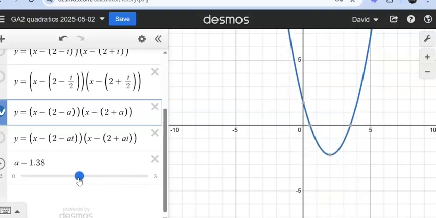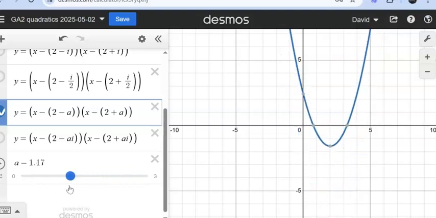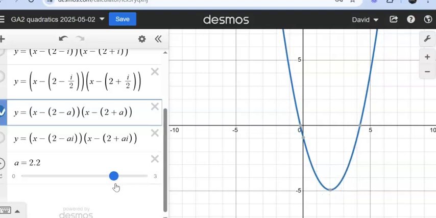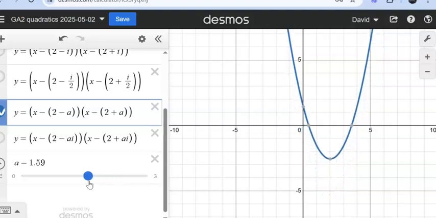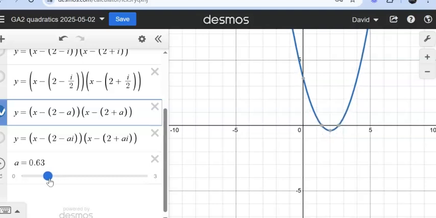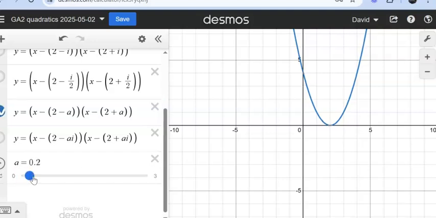It may seem like the slider is designed to move it up and down, but that's not really what it's doing. The slider is designed to pick certain roots. So here's minus 1 and 5. Here's 0 and 4. Here's 1 and 3 that we saw before. Here's 1.5 and 2.5. And then as I crank the slider down, it goes to 0, and I get that double root case.